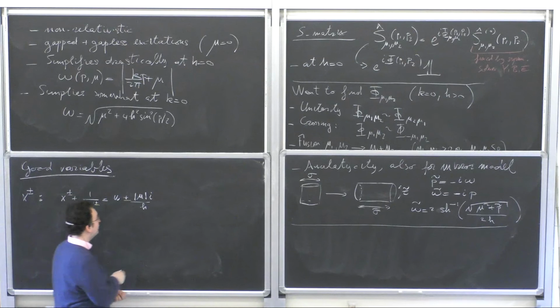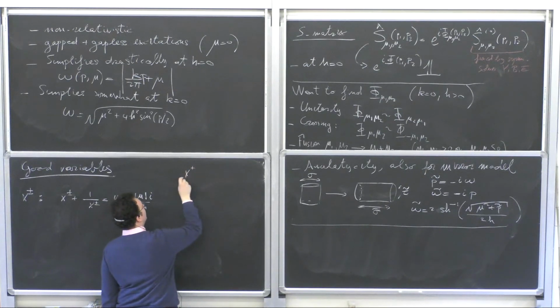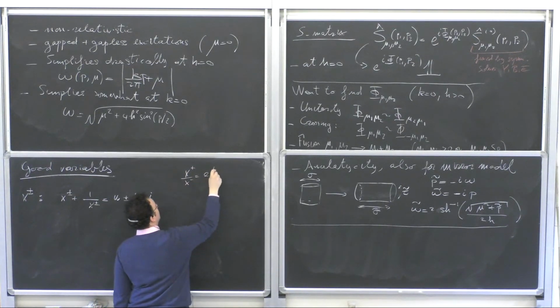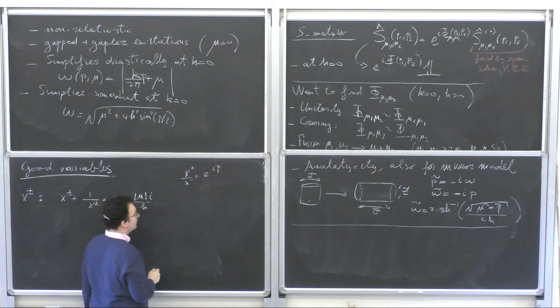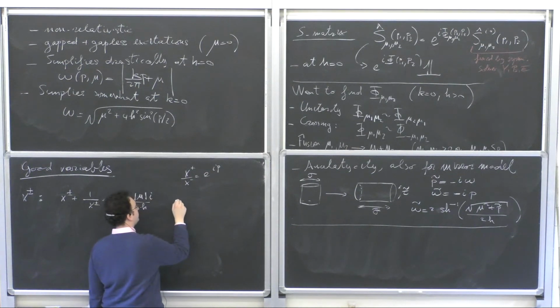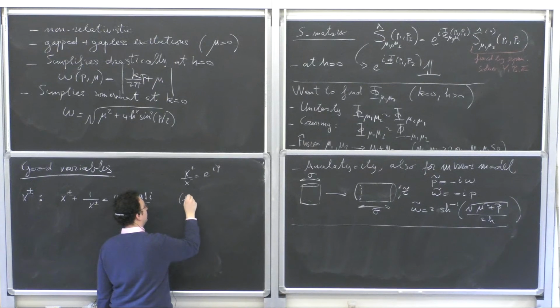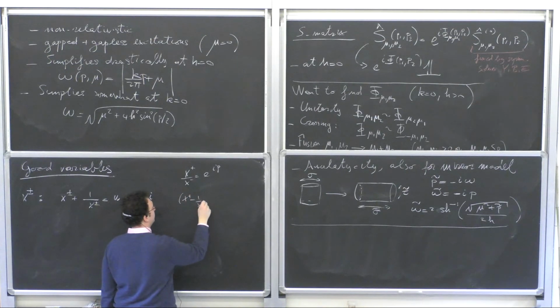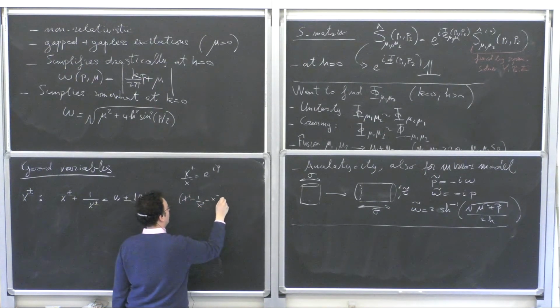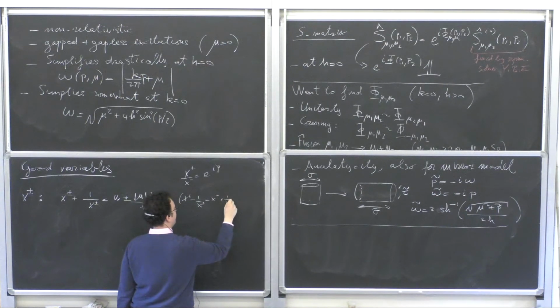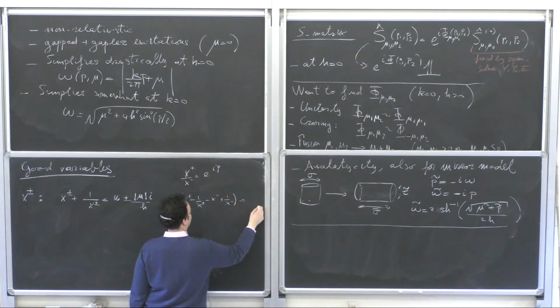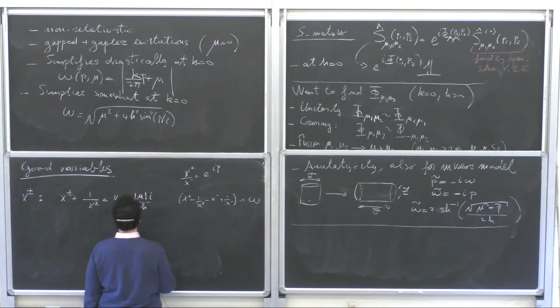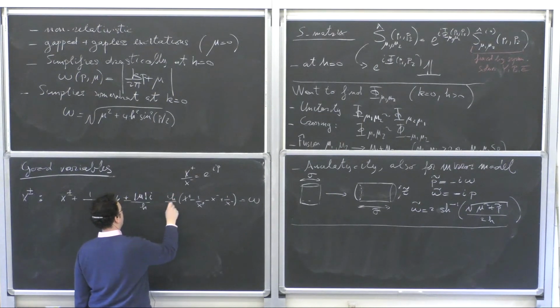In terms of x plus and x minus, I can write p, or e to the i p, and omega, up to some prefactor.